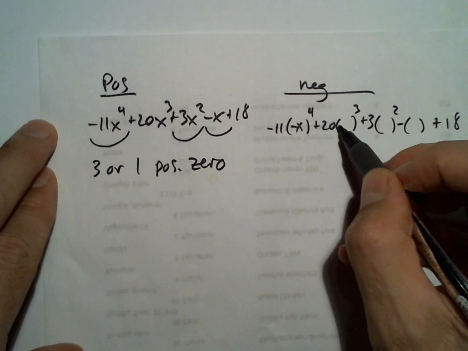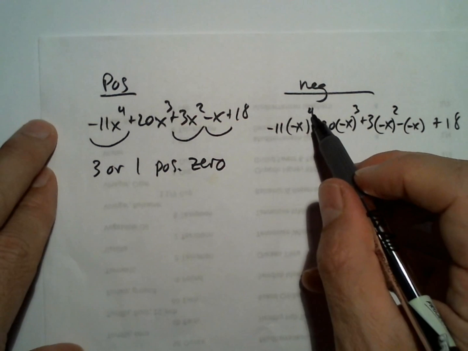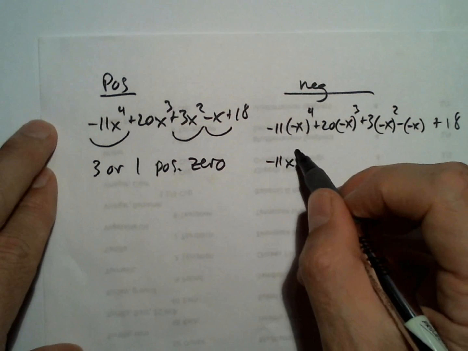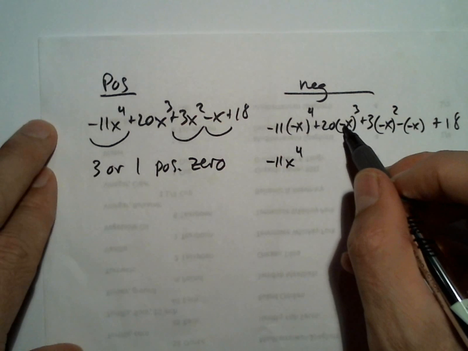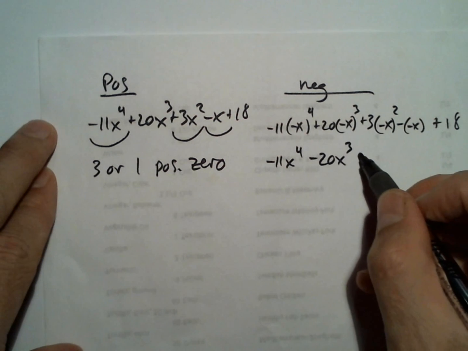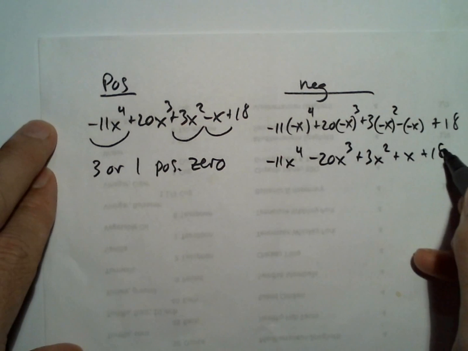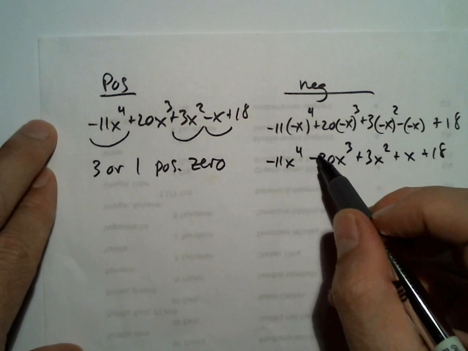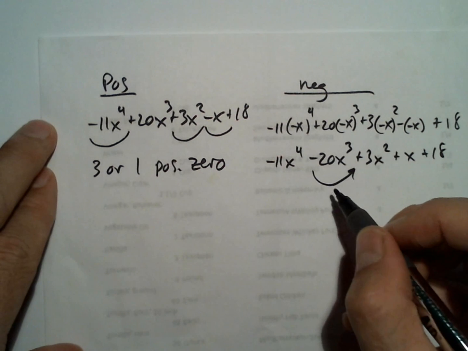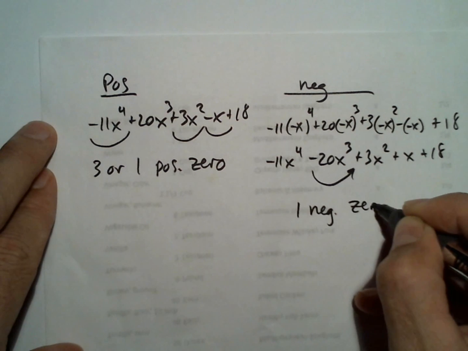I'm putting negative x. All right, even power, and we're going to get a positive. That'll be a positive, so we'll keep the negative there. Negative 1 to the third is a negative. Square it, we get a positive. Negative times negative is positive. So here we have negative to negative, negative to positive, positive to positive to positive. So we're going to have one sign change, and that means we have 1 negative zero.